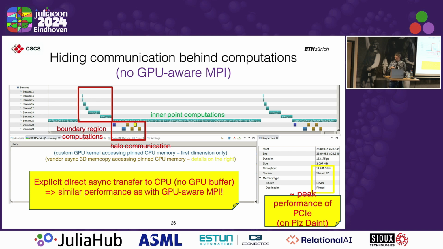If you look at the bottom right, you see we have a throughput of 2.9 gigabyte per second, which is basically the peak performance of the PCI Express that we have on PitStained. And so the result is we get a similar performance as with GPU-aware MPI.